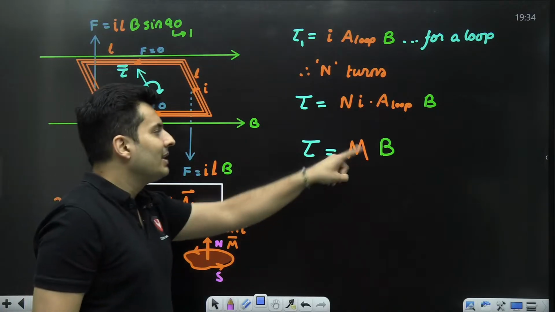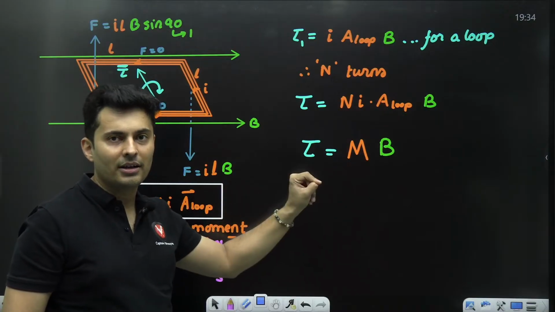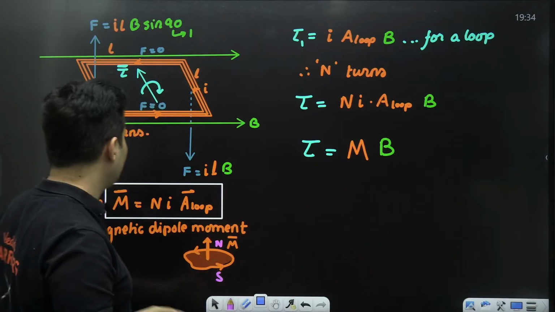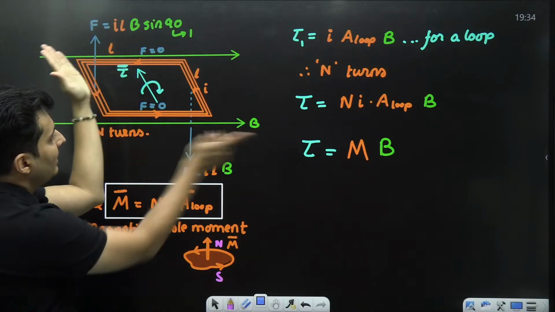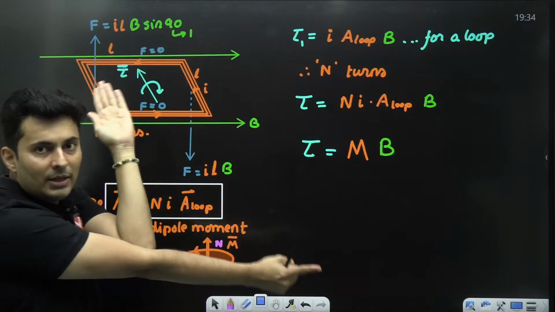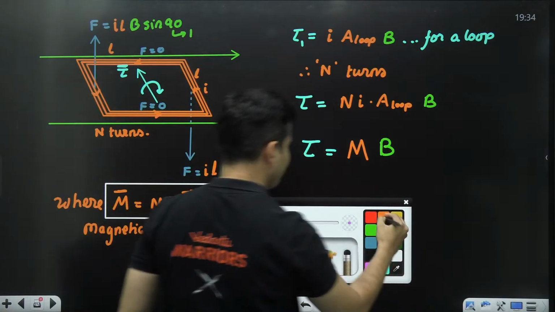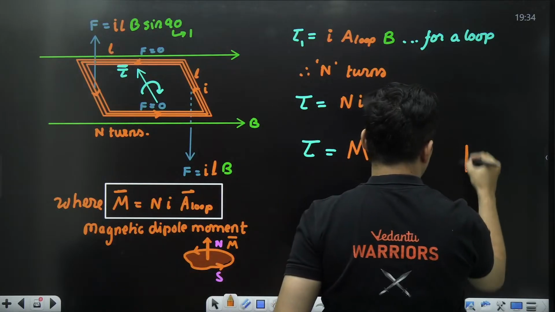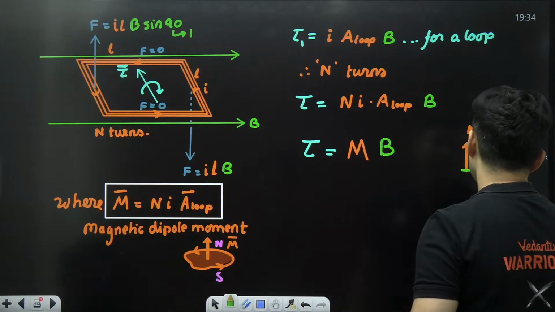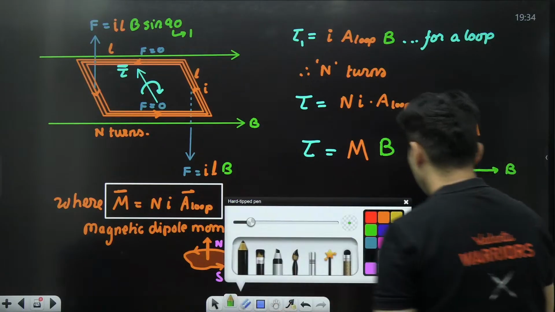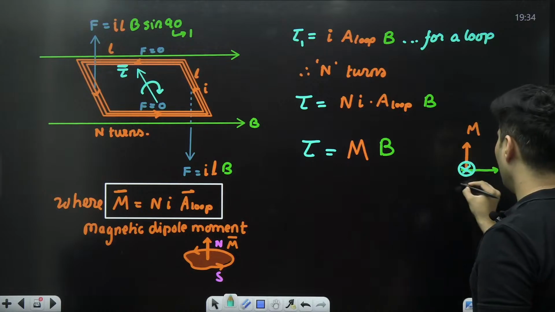So now this reminds me of electrical dipole moment into electrical field is torque, but this is a very special case. If you notice, the magnetic moment was up, magnetic field was here, so the angle between them was 90 degrees. Whereas the torque which is there is inside the plane of the board.